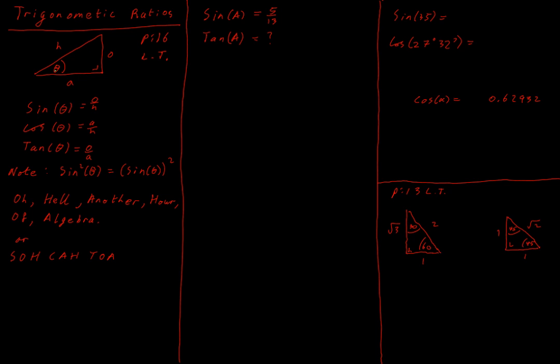Cos is the adjacent, so the side that is adjacent to the angle that isn't the hypotenuse, divided by the hypotenuse, and then the tangent or the tan function of our angle is the ratio of the opposite and the adjacent side.